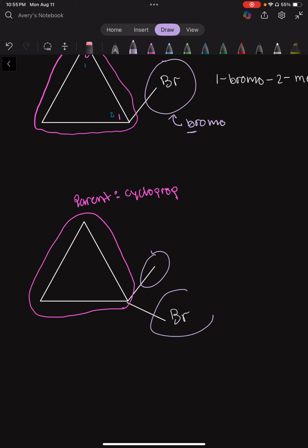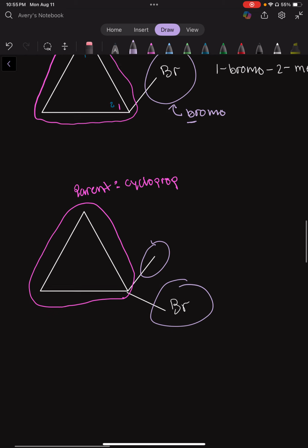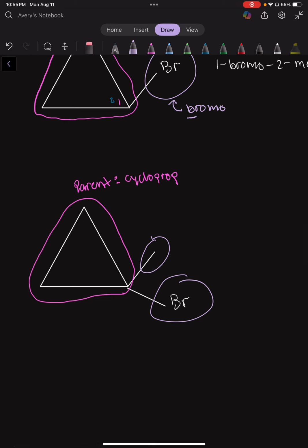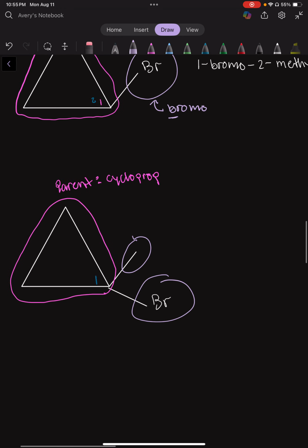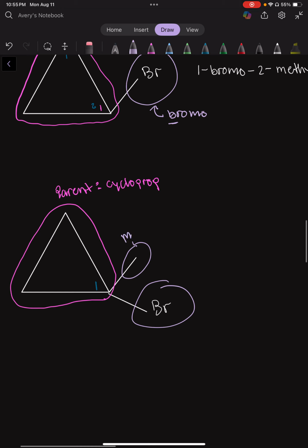We have one here. Since this carbon is the only carbon that has branches attached to it, the one is automatically assigned here. So now for our branches, it's going to be methyl again, because it's a single carbon, and then bromo, because it is the single bromine.